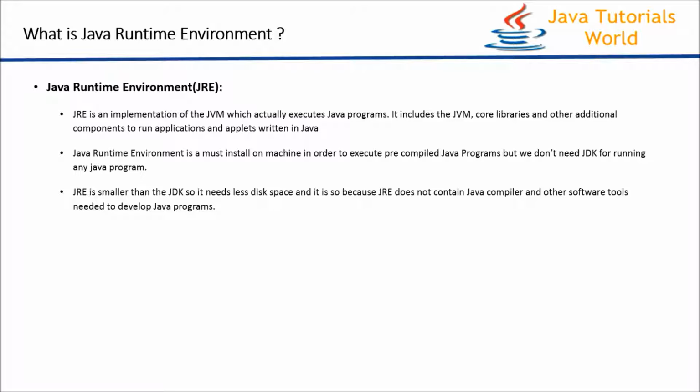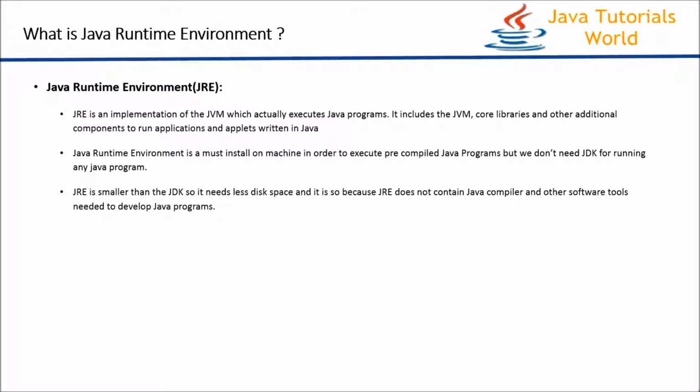It includes the JVM and core libraries and other additional components to run applications and applets that are written in Java. For the end user or for the client, this JRE is enough because they just want to run the applets or the applications that are written in Java.